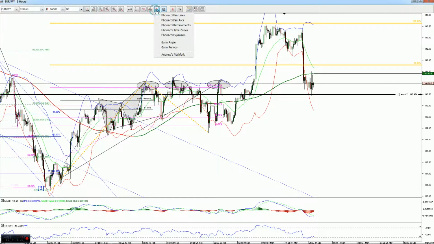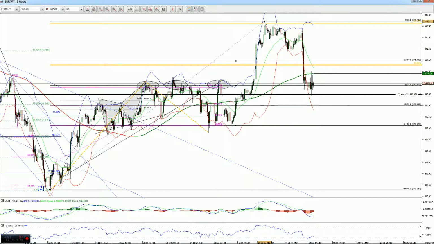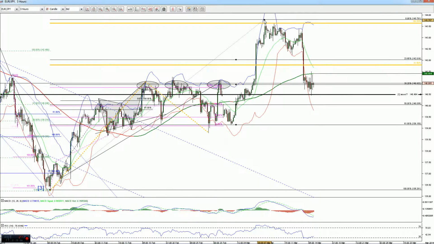So let's take FIBO retracements and check where it may go. This is FIBO 50, 61.80, and actually it's in the same area where it broke out of this area. So now the market is maybe retesting those levels once again.